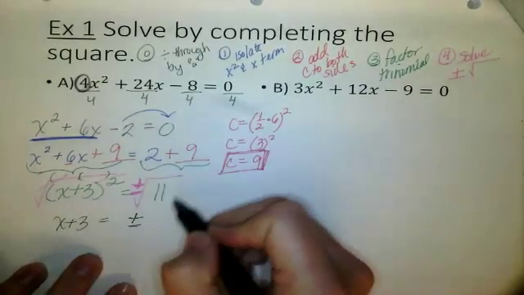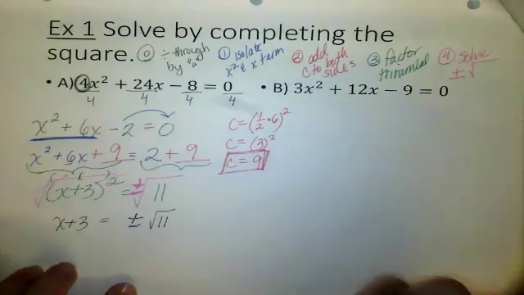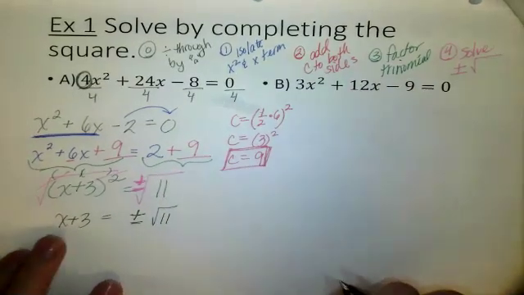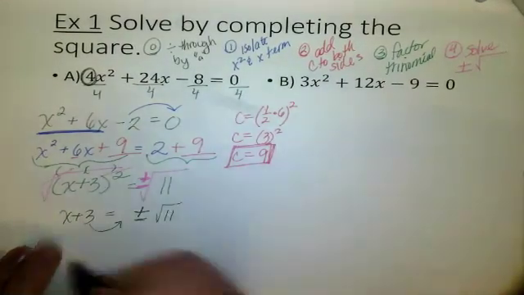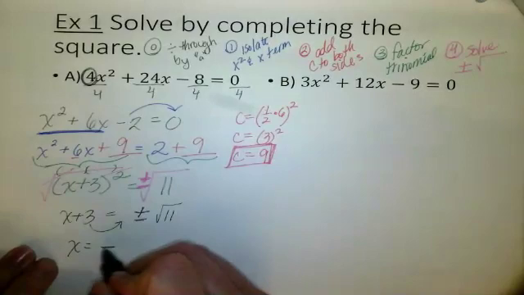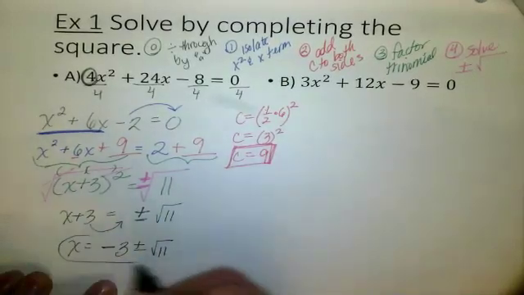Can I simplify the square root of 11? No, you cannot. There's no perfect squares in there. So we leave it radical 11. And how do we get x by itself? Subtract 3. So we get x equals negative 3 plus or minus radical 11.